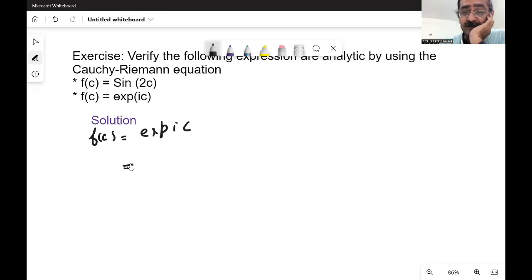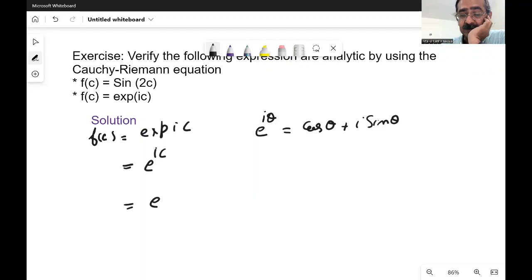As we know, e to the i theta is cos theta plus i sin theta, if we try to solve this. So this means iz, that is i alpha plus i beta.